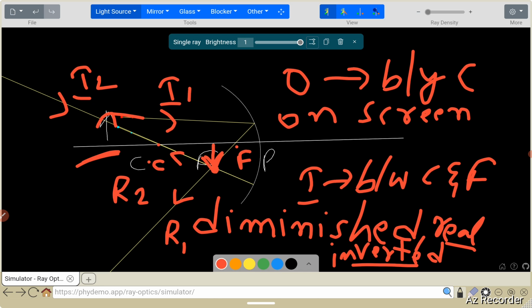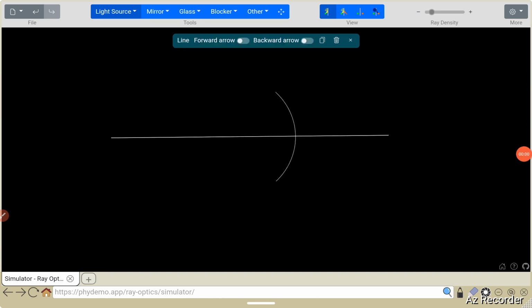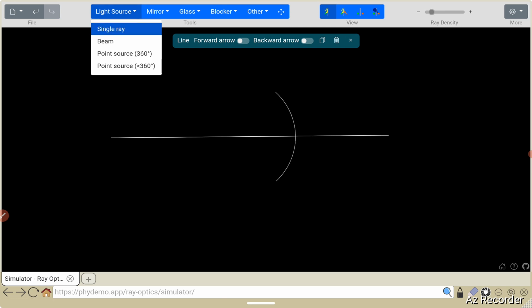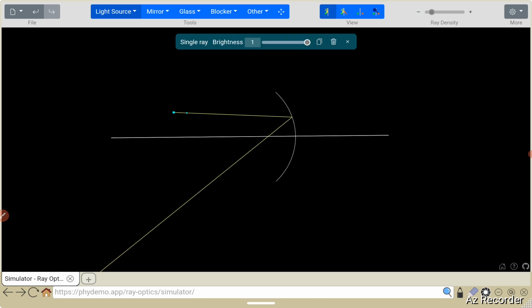Understood? Next, let's see the image formed by a concave mirror when the object is placed at the center of curvature. Before this, we need to know where the center of curvature is for the mirror. For that, first I will find out the focus point by taking a ray parallel to the principal axis.